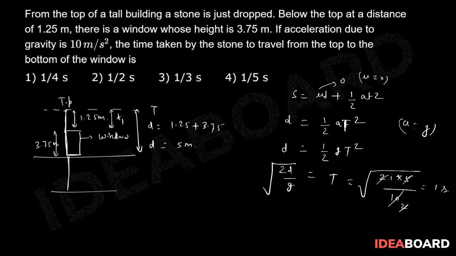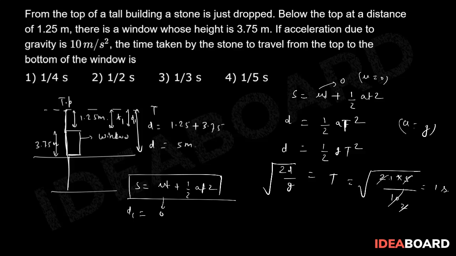So for this time t1, let's say the distance is of course d1. So now again we can apply S is equal to UT plus half AT square. If you apply again, this S will be d1. Again it is dropped, so this is 0 plus half A will be G into T1 square.